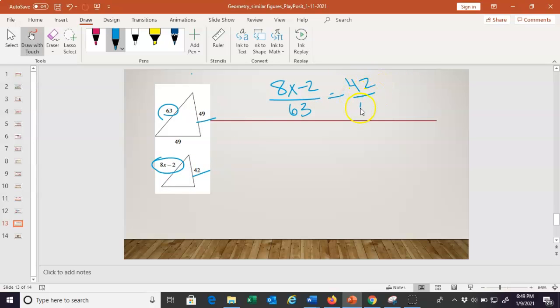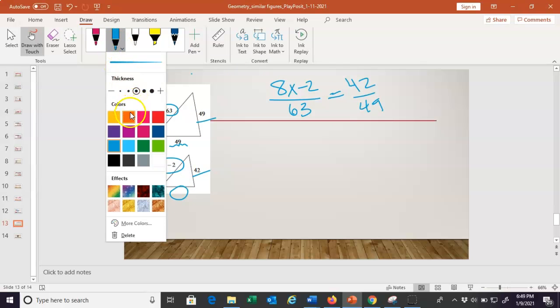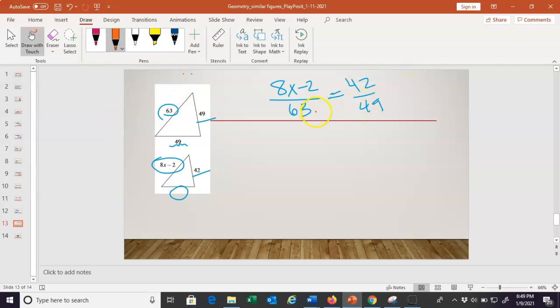We can't use this 49. I mean, essentially it is the same number, but because we don't have the base here. So you want to use what you have. So let's cross multiply 63 times 42 and 49 times all of this, 8x minus 2.